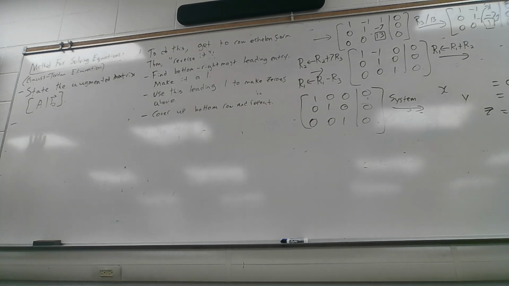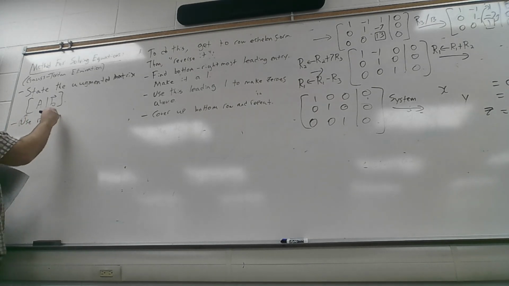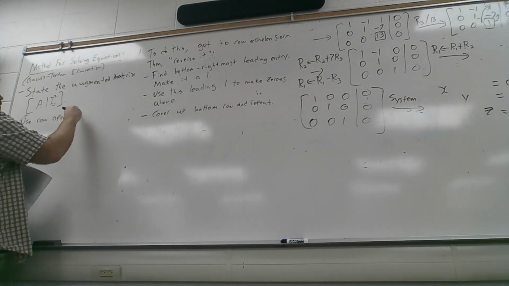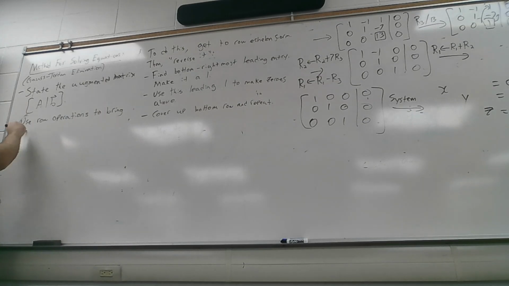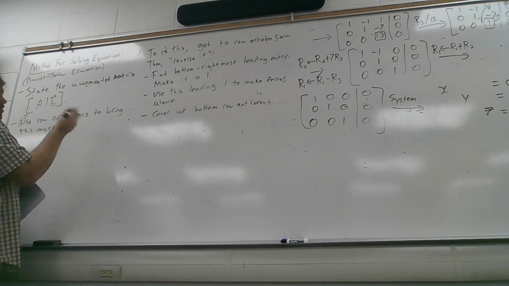So okay, we've got this matrix. The next step is use row operations to bring this matrix to reduced row echelon form.